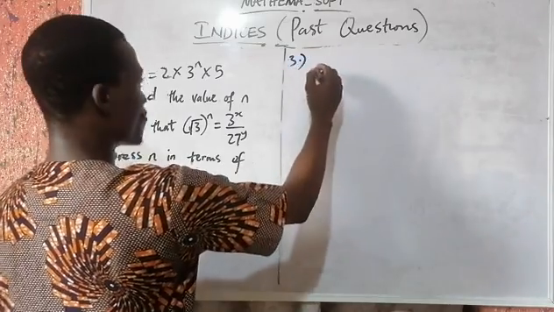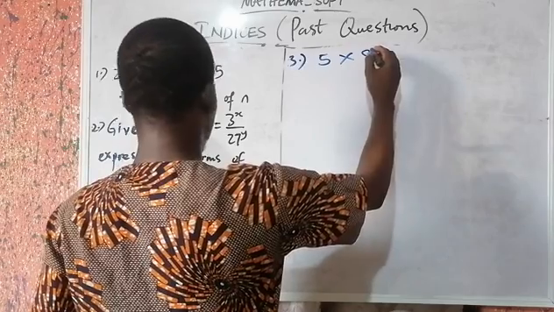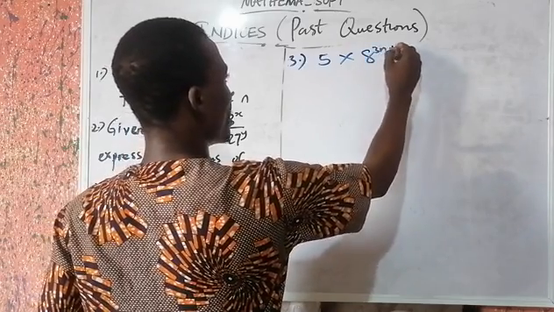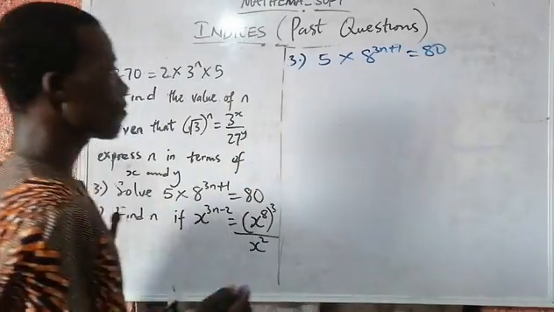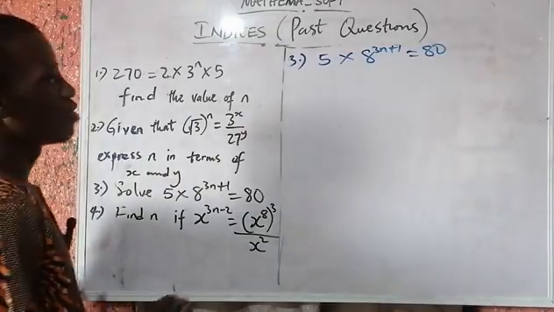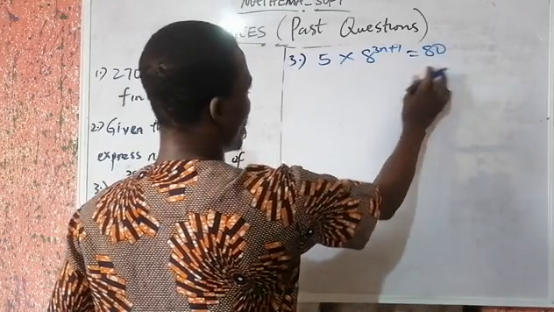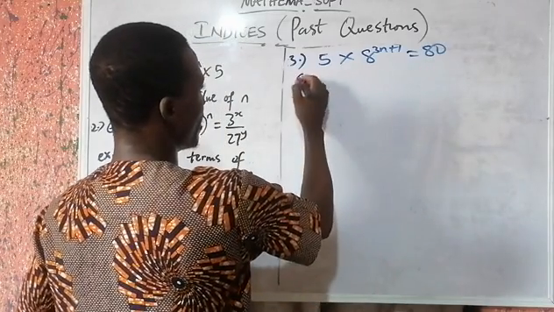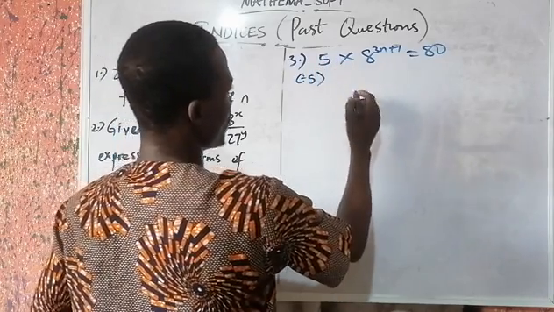So I have 5 times 8 raised to 3n plus 1 equals 80. Okay. So this is an ordinary number. This is an ordinary number. So if you observe that, we can divide both sides by 5 so that we can remove this 5.